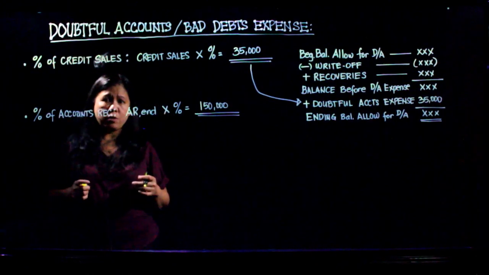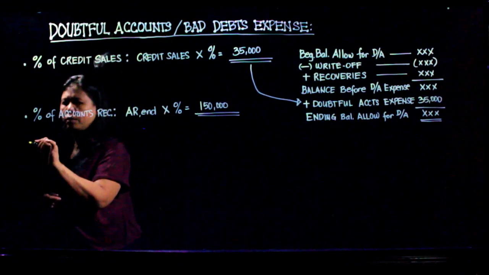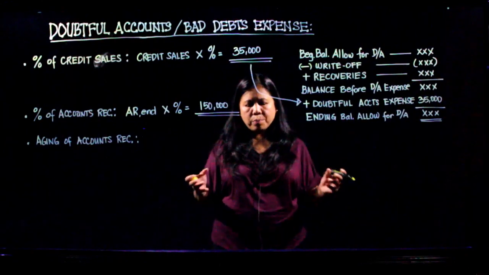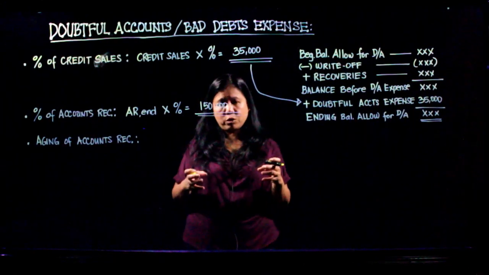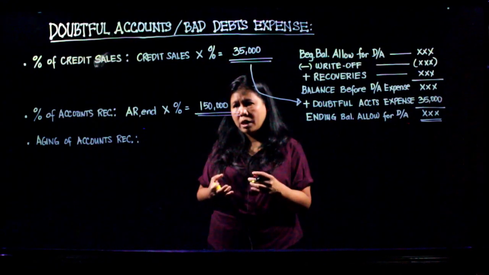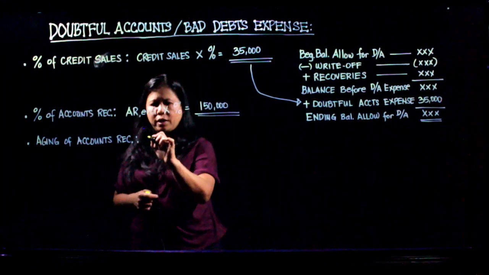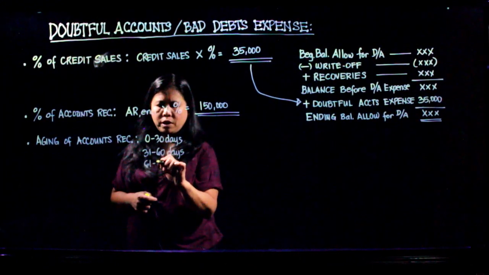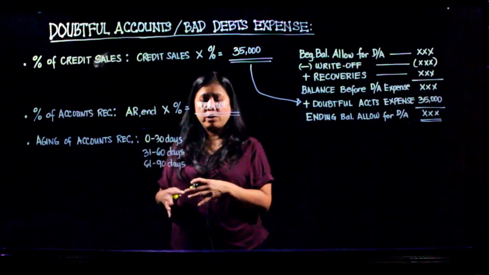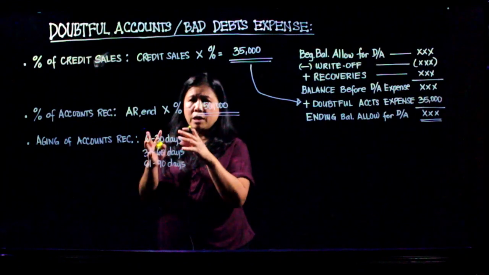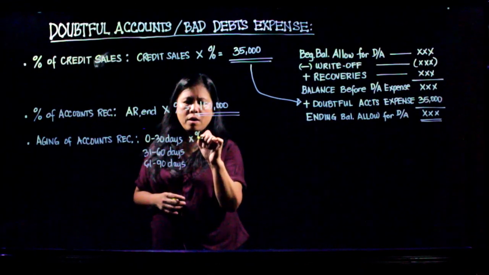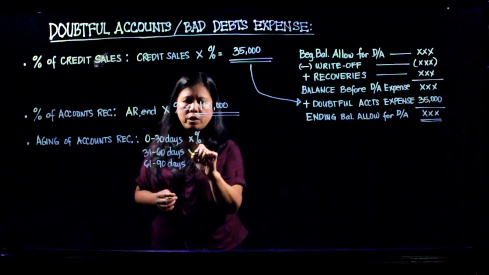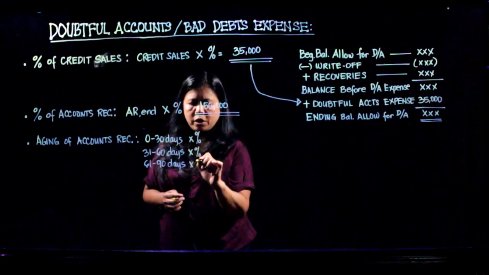The third method is the aging of accounts receivable. This is how we compute it. The problem will give you the number of days an account is outstanding. Let's say, for example, an account is outstanding for 0 to 30 days, 31 to 60 days, 61 to 90 days, and so on. Then you multiply the amount here with the percentage the problem will give you.